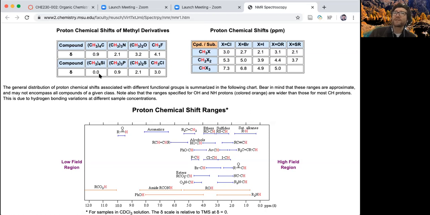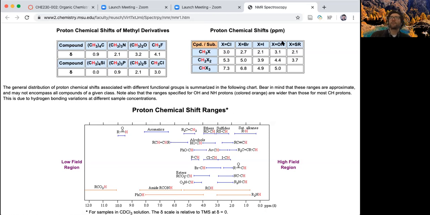TMS, which has a less electronegative silicon, is around 0. Phosphorus has a very similar electronegativity to carbon, with a shift of 0.9, but as you increase electronegativity, from nitrogen to fluorine, you can see those protons becoming de-shielded and the shifts moving downfield.